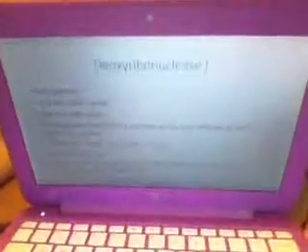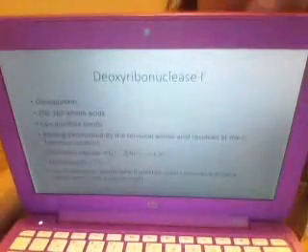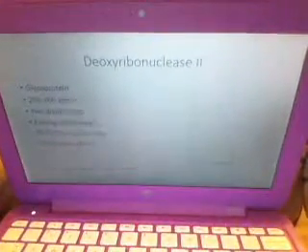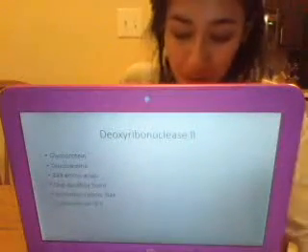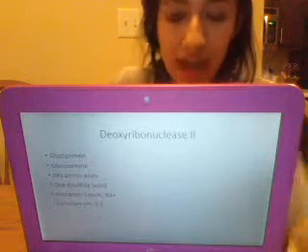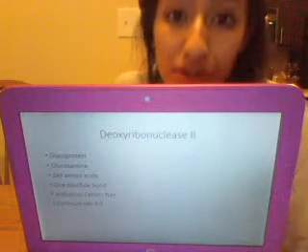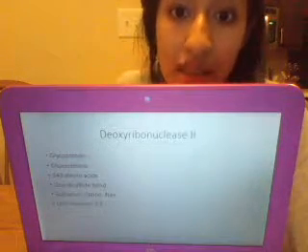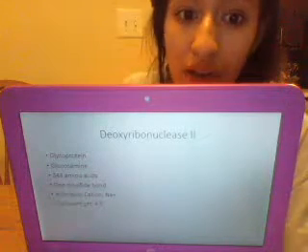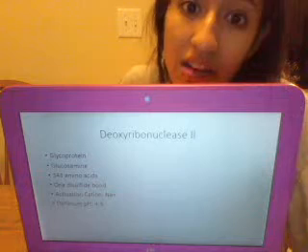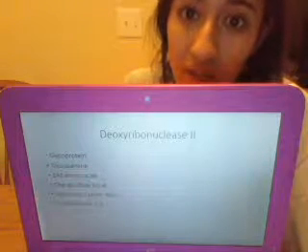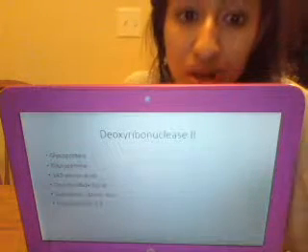DNase-2 is also a glycoprotein, but it contains glucosamine, and it is made up of 343 amino acids. It only has 1 disulfide bridge. It has 1 activating cation that it needs so that it can function properly, which is sodium.